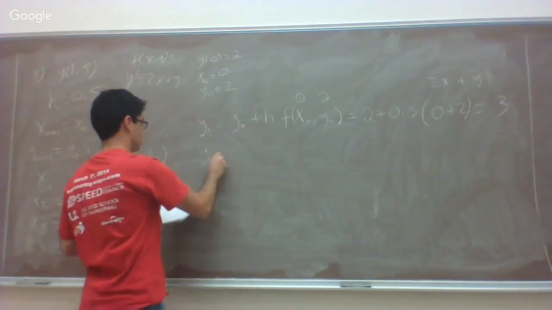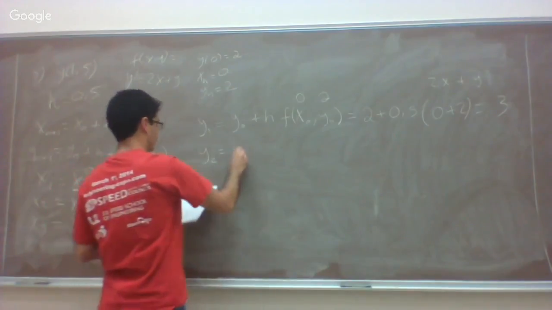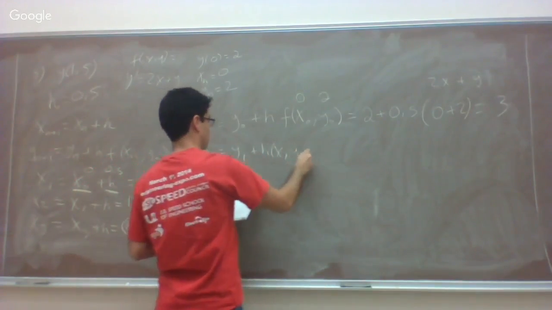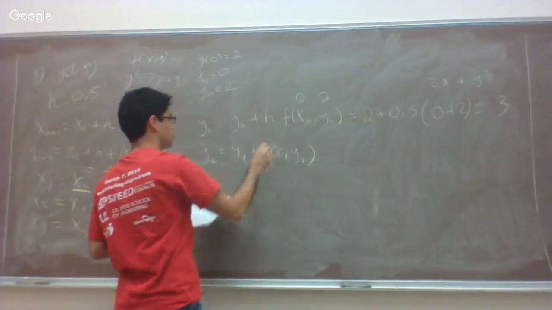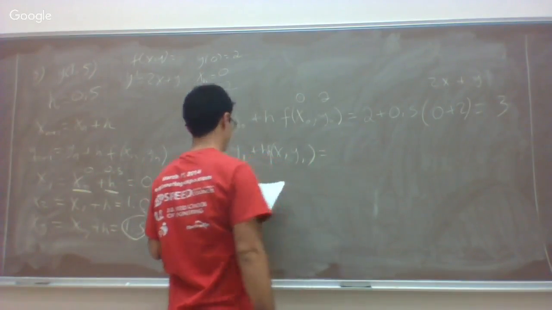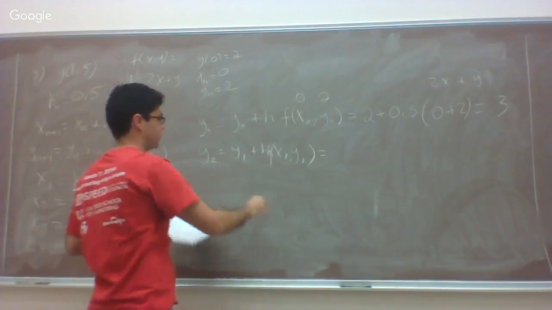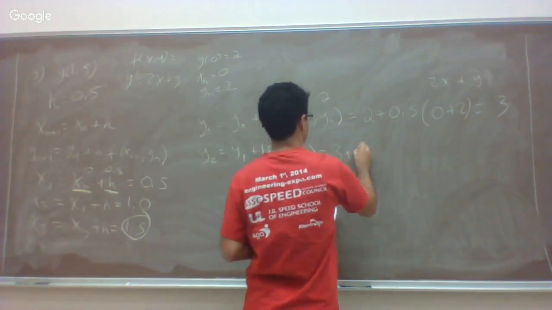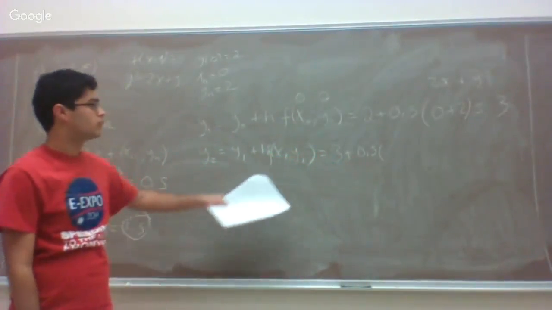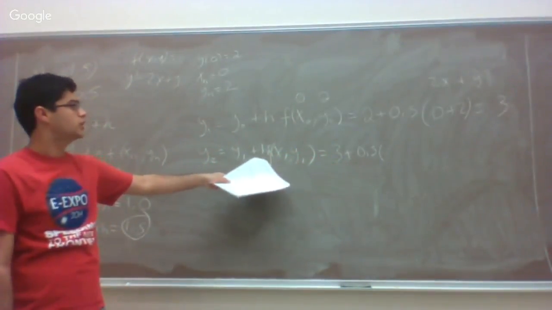My y2 is equal to y1 plus h times the function of x1, y1. My y1 we found out is a 3, so I have 3 plus 0.5 times 2 times x1.